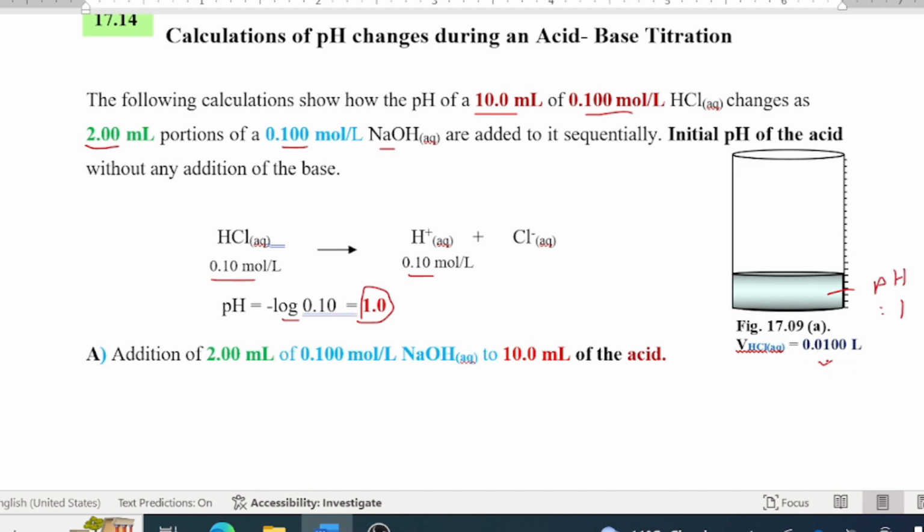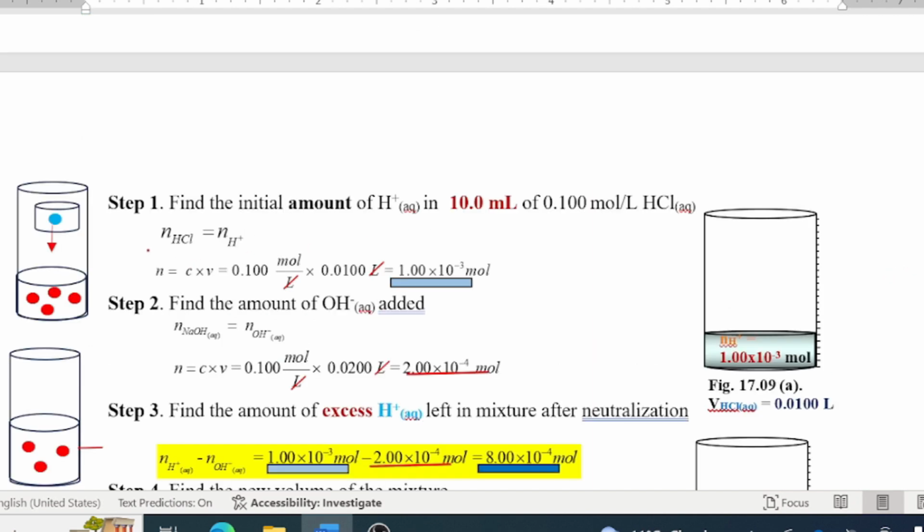And the initial volume is this. We're saying that because it's a strong acid, we'll assume that the number of moles of hydrochloric acid is equal to the number of moles of hydrogen ion inside here. So what we'll do now is find the number of moles of H plus ion inside here. n is equal to C times V. So this is equal to C, the concentration of the acid, times its volume here, and we end up with that number of moles of hydrogen ions.